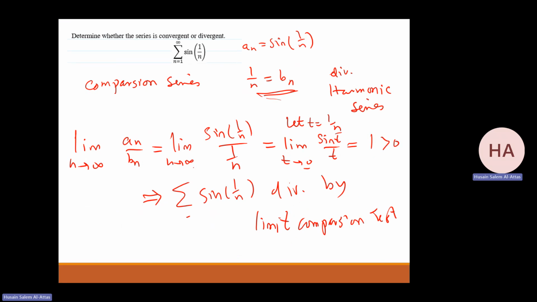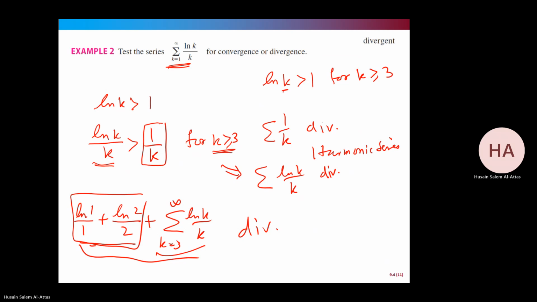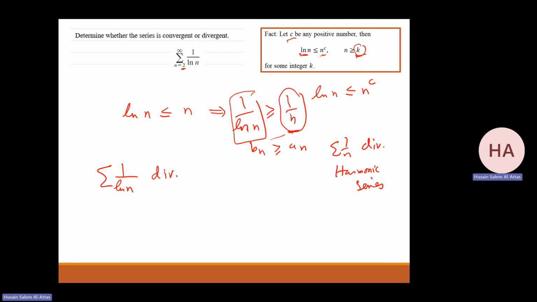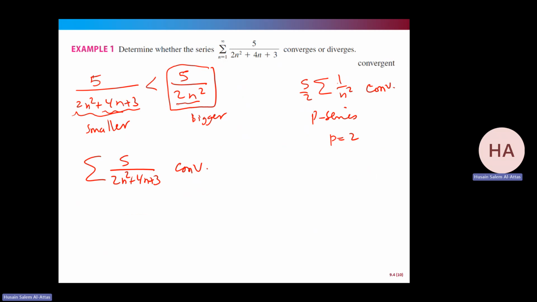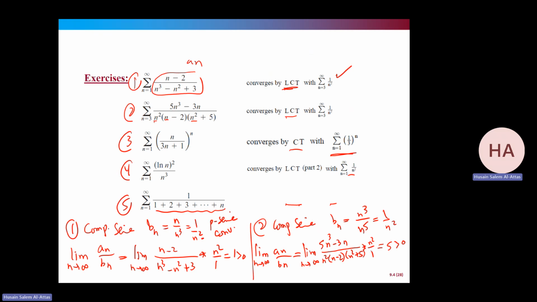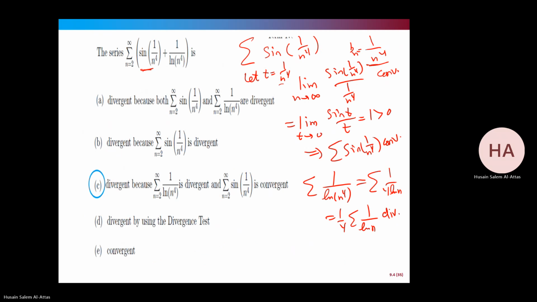You can check it later. 1 over ln n. Let me see it quickly. Yeah, we did it here. You compare it with 1 over n. So it's divergent. So convergent plus divergent, for sure it gives me divergent. So this is my answer. Divergent because this series diverges and this series converges.